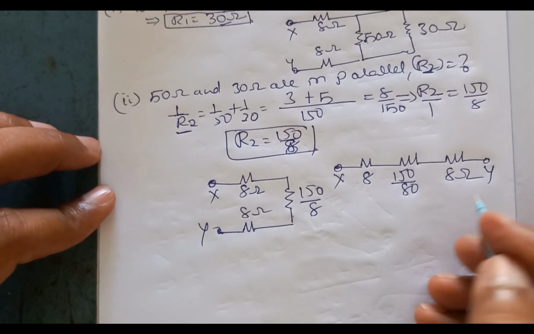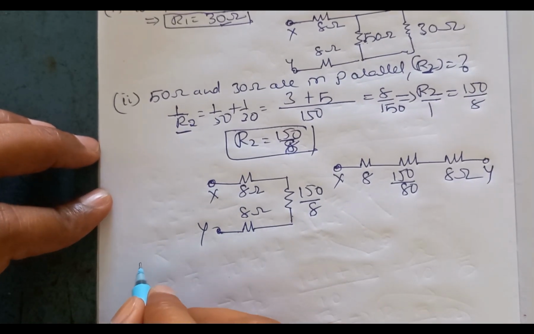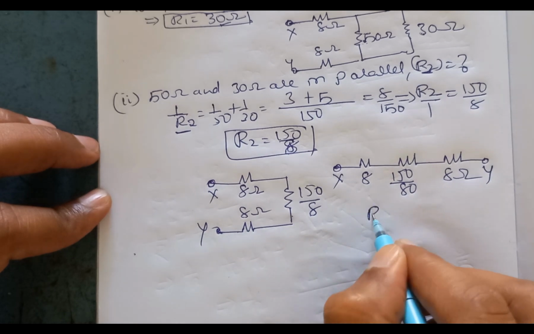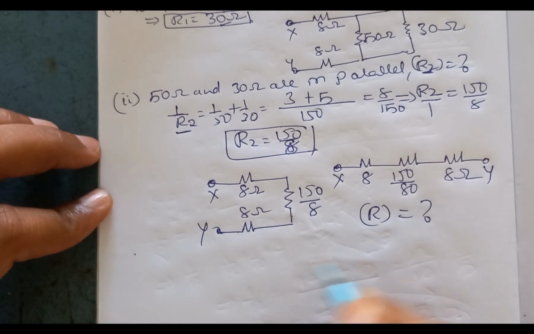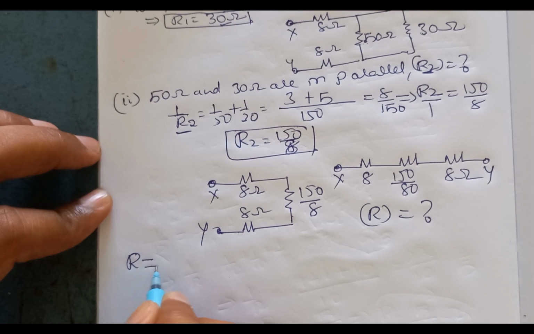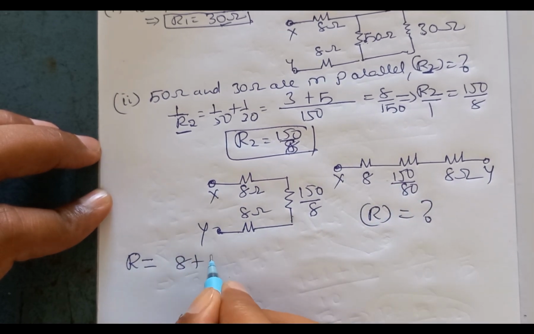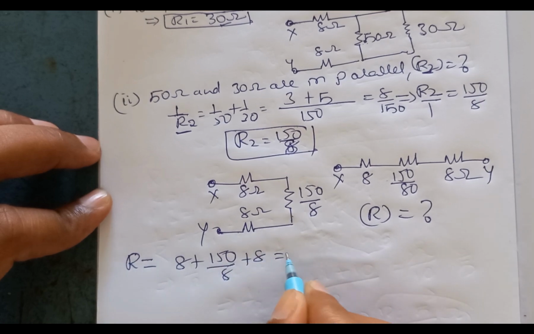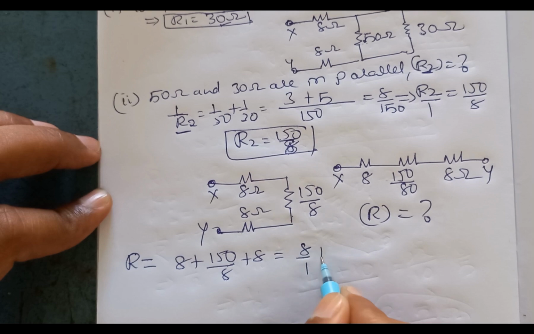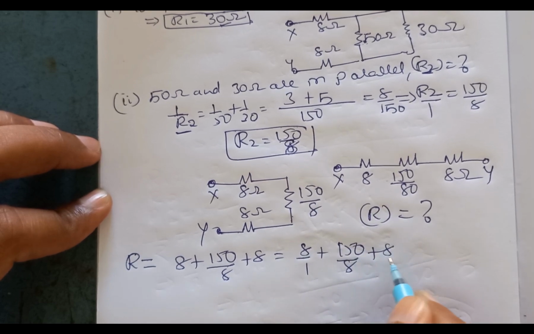Now between X and Y, what is the total resistance? We are going to calculate. R is the sum of all these, 8 plus 150 by 8 plus 8. 8 is written as 8 by 1, so 150 by 8 plus 8 by 1.